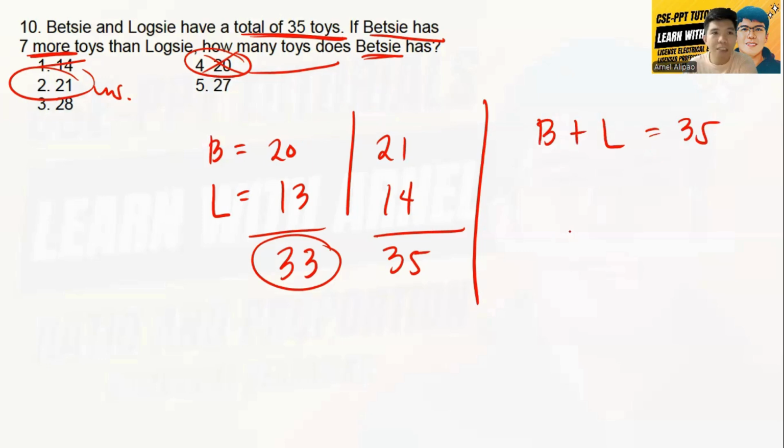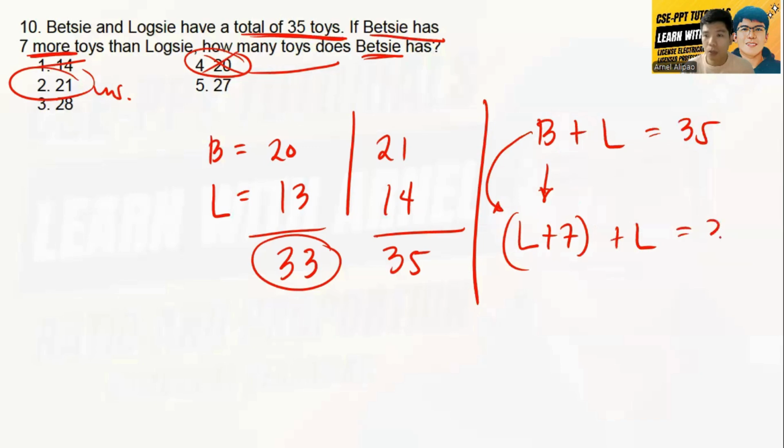If Betsy has 7 more toys than Logsy, what does that mean? If there is a certain number of Logsy's toys, plus 7, that's going to be the number of toys Betsy has.